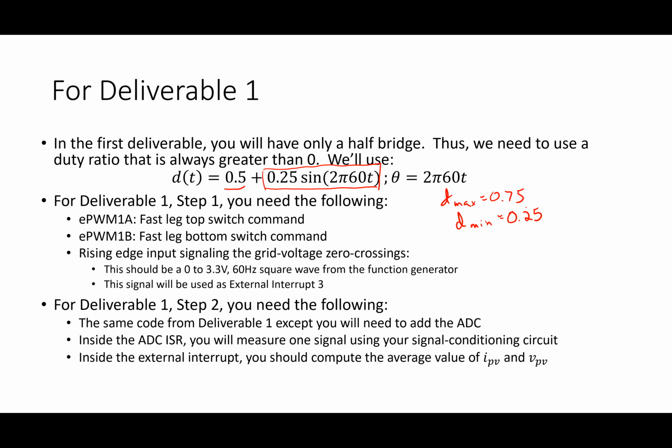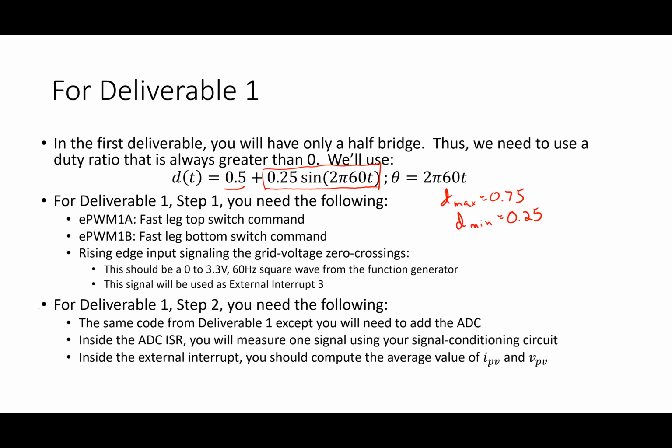Okay? All right, so in deliverable 1, step 1, I'm going to need to use EPWM 1A and 1B, which control the fast side. So I call it the fast side. Right now, that's all I have is a fast side, right? And then I'm going to need to implement this rising edge interrupt, which I'm going to do simply using the function generator, right?